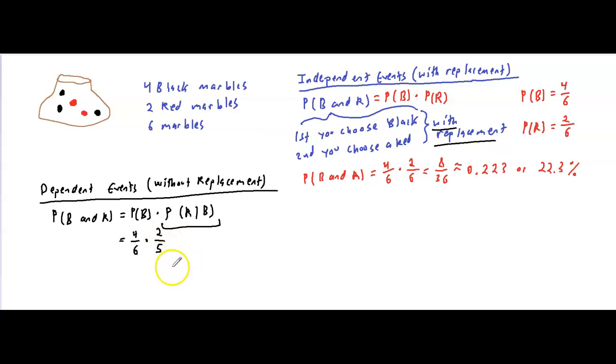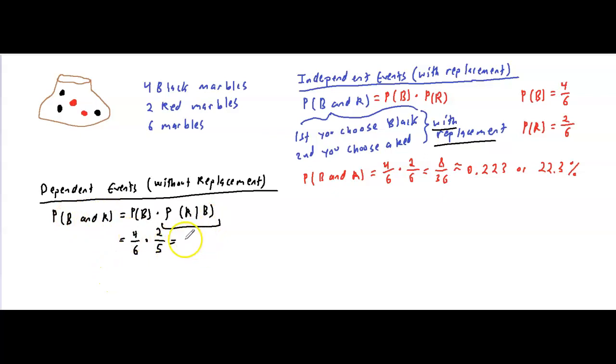And that's why it's changed, and that's why these are dependent events. The probability of choosing a red depends on what happened in the first trial. In the first event, I picked a black. Now, I'm picking a red. This is still considered one event, pulling a black and then pulling a red, but it's on the basis of you doing one thing first and then the other thing second.